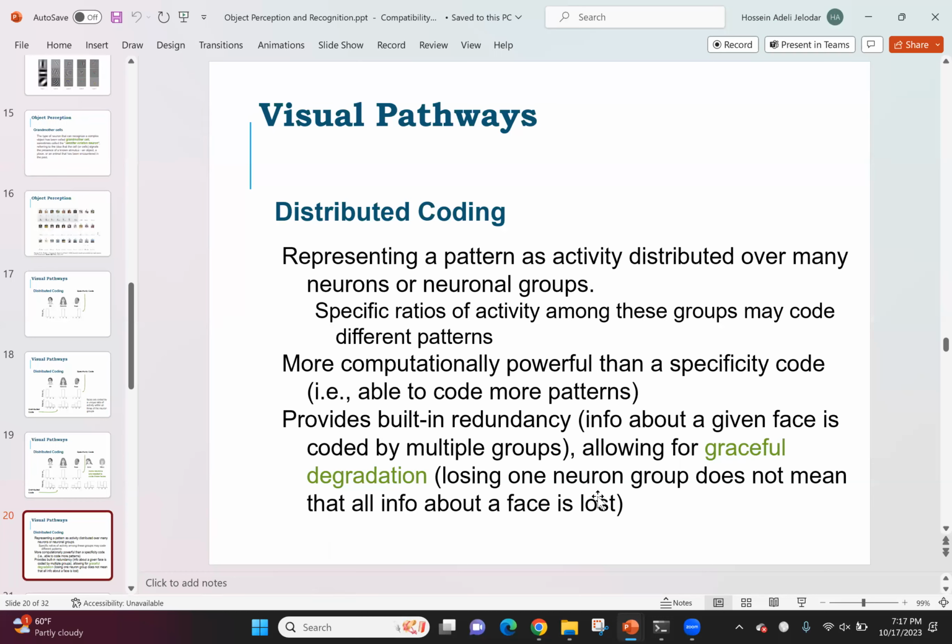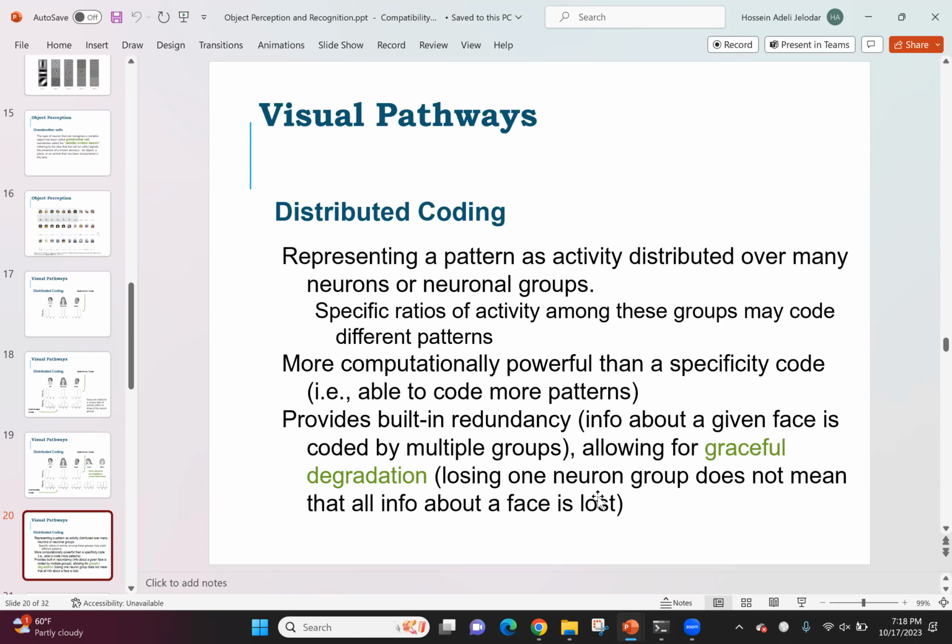So in distributed coding, you represent a pattern as activity distributed over many neurons or neuronal groups. If I'm looking at my grandma, or at one student here or another student, I'm representing their features as a distribution over many groups of neurons from many different areas that code for color, for their identity, for their facial features or their facial hair or something like that.